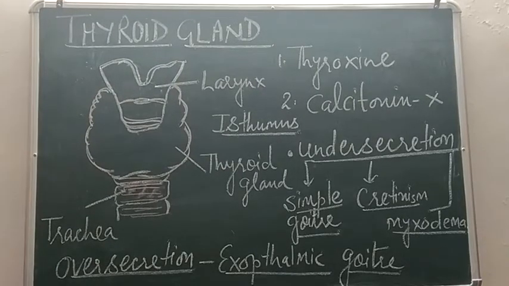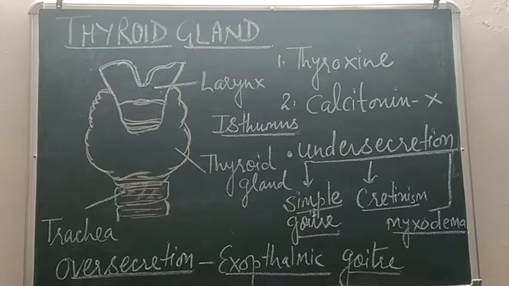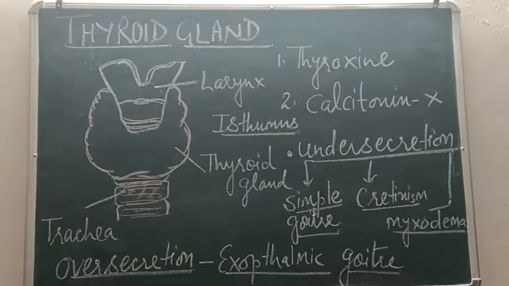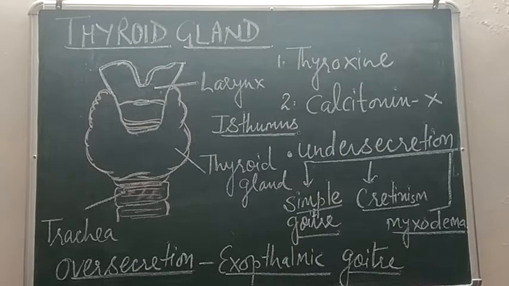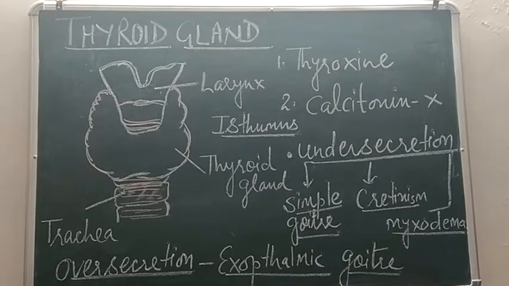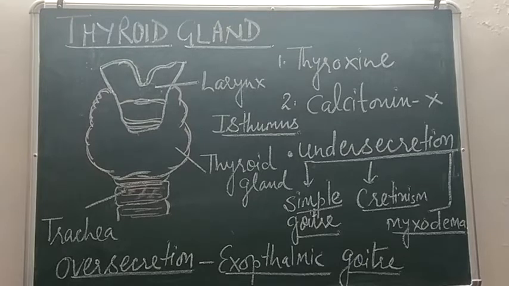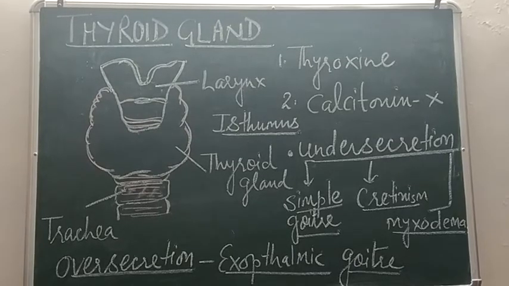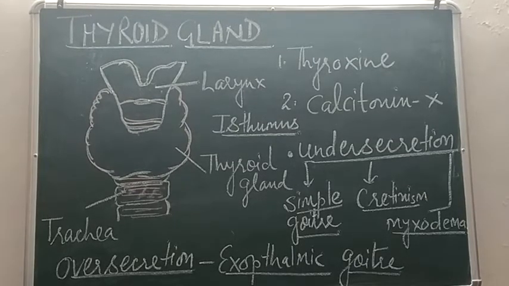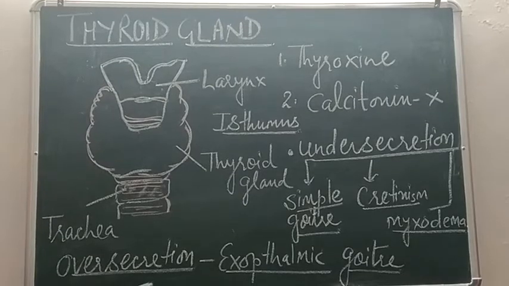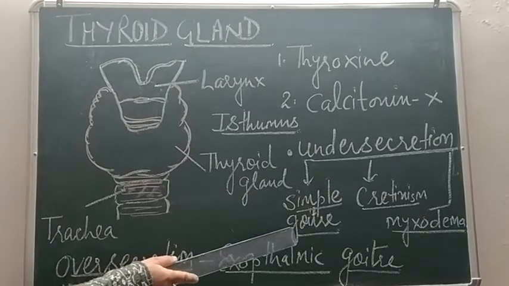This can be seen in the hilly areas, in the northeastern part of India, where the soil is deficient in iodine. And people living in coastal areas, in the southern part of India, rarely suffer from this disease called simple goiter.